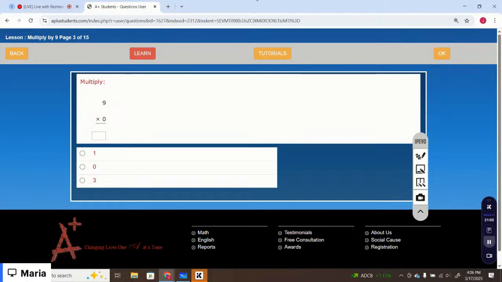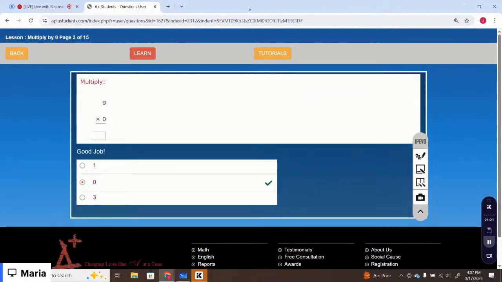Nine times 0. Any number when multiplying with 0, the answer is 0. Whatever number it is, the answer is 0. So 9 times 0 is 0. Option number 2 is the correct option.